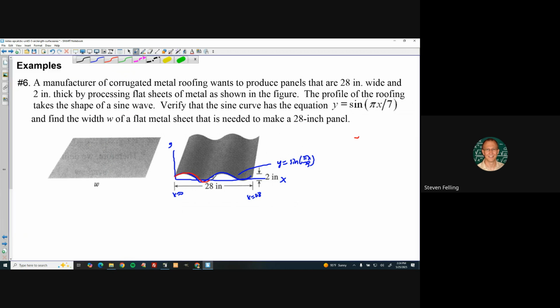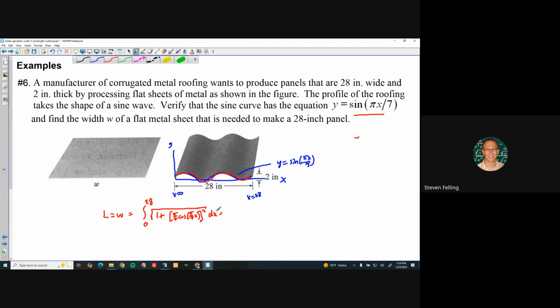This arc length here, which is the width of their panel, is going to be the integral from x is 0 to x is 28 of, the formula is the square root of 1 plus the derivative of this function, which would be cosine of pi over 7 times x, but then times the derivative of inside, which would be pi over 7, and then squared dx.